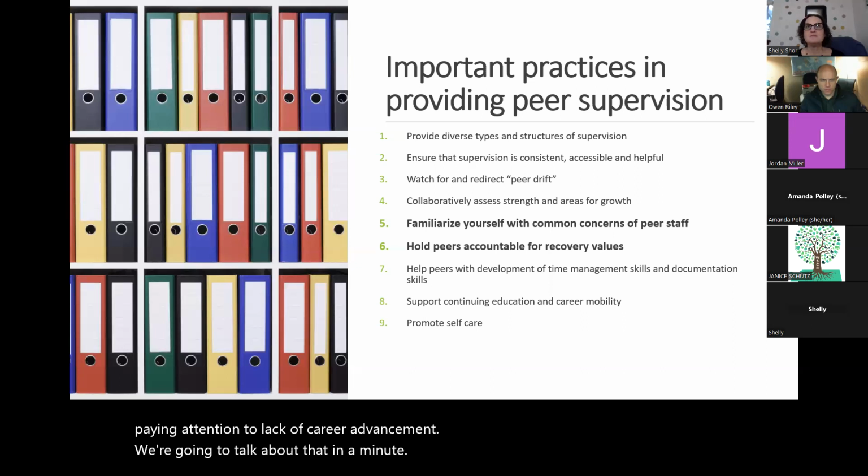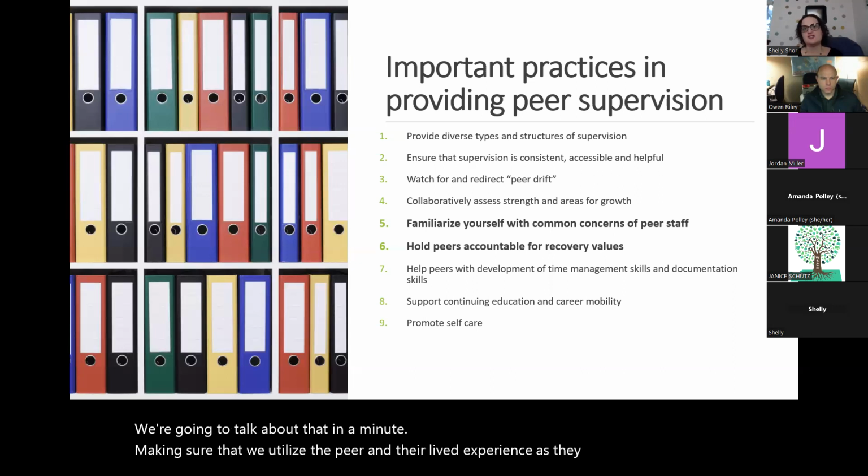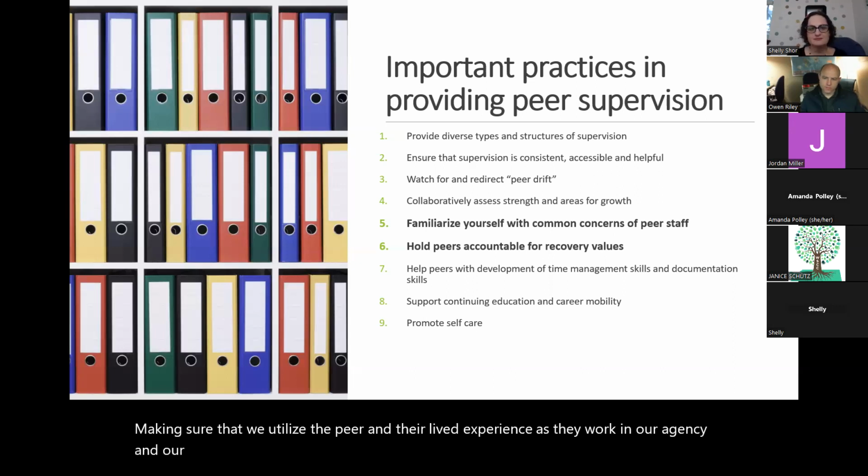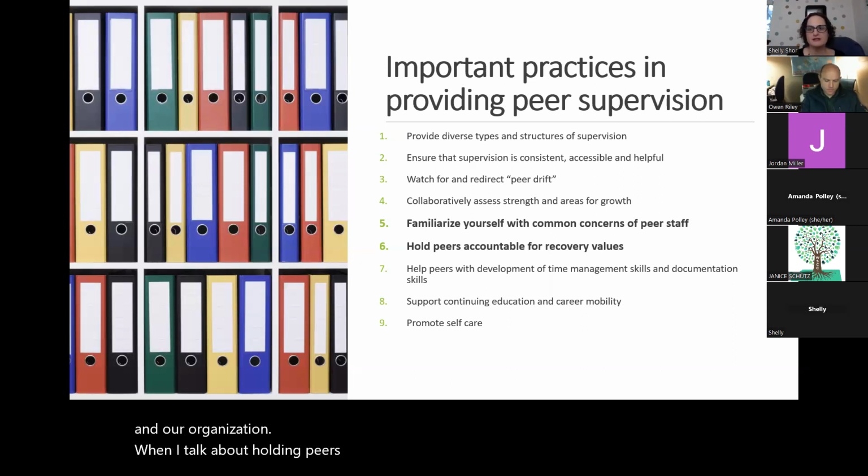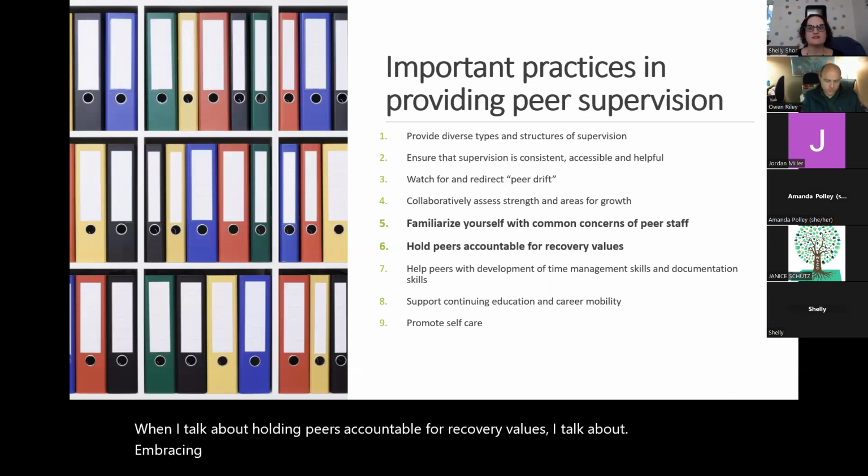And making sure that we utilize the peer and their lived experience as they work in our agency and our organization. When I talk about holding peers accountable for recovery values, I talk about embracing multiple pathways, assertive outreach, serving people by supporting them in determining their own goals.